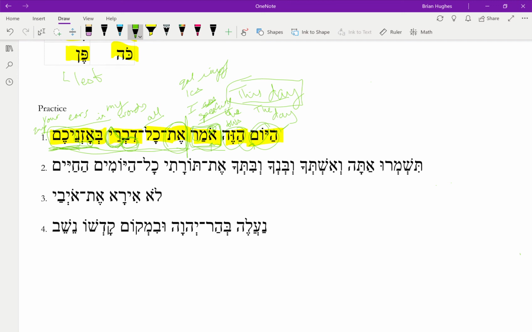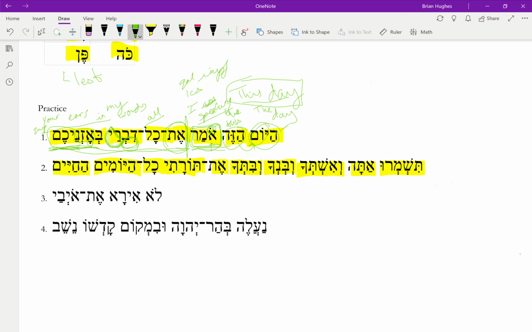So again, this is a riff off of a verse in Deuteronomy that had another verb, but this gave us a chance to put Omar in there. The second example here, Tishmeru ata ve'ishtecha ve'benecha ve'bitcha et torati, kol hayomim hachayim.